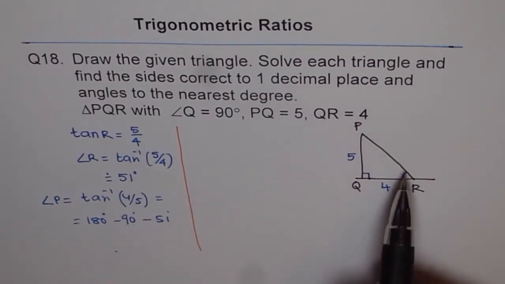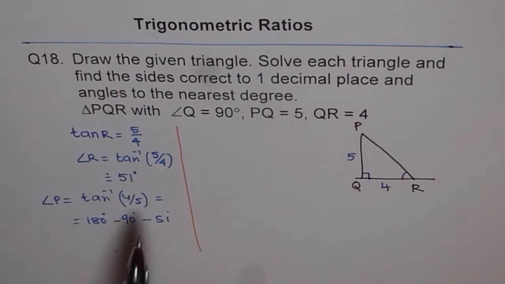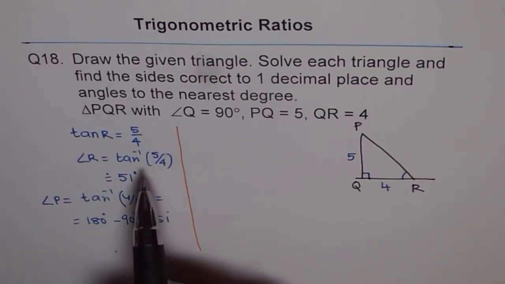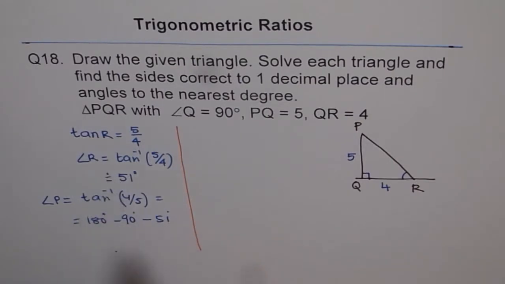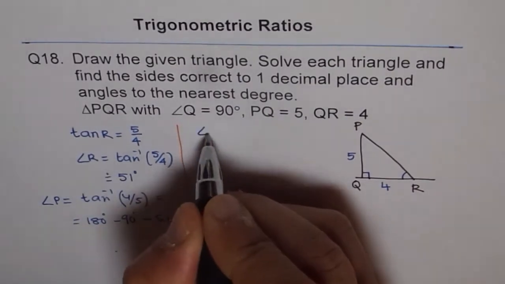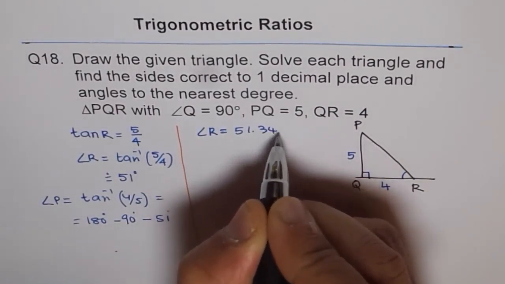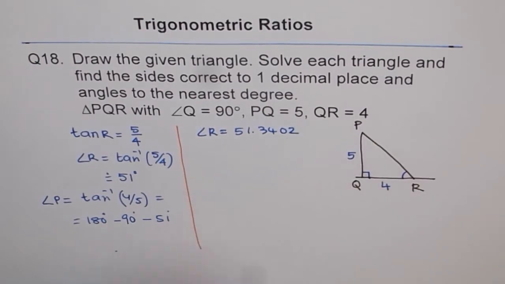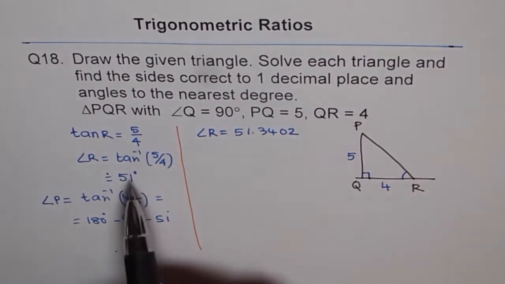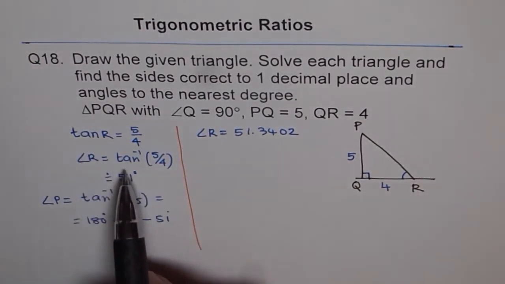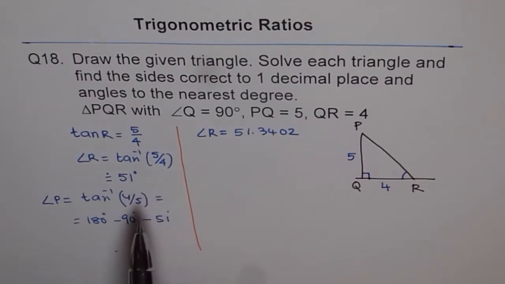So let me write down what I actually got for angle R to 4 decimal places. What I actually got for angle R here was 51.3402, rounded to 4 decimal places. That was my R when I did tan inverse of 5 over 4.